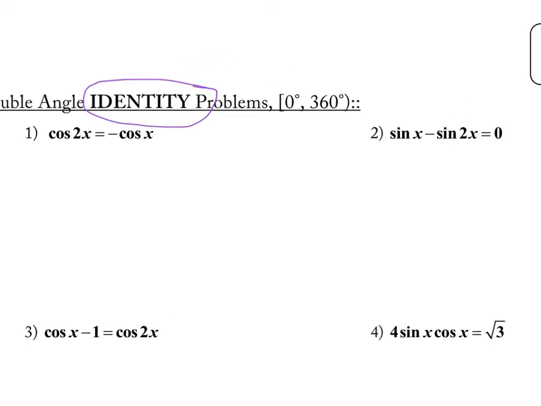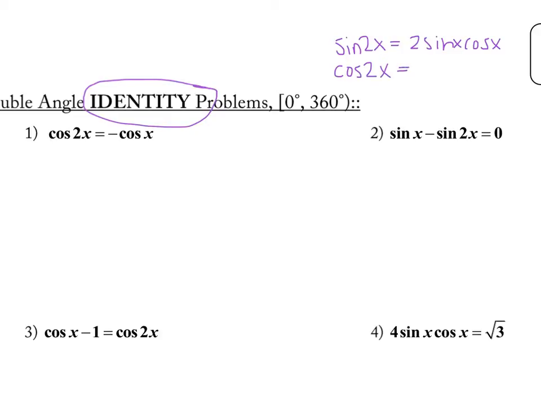Okay. So just as a reminder, sine of 2x equals 2 sine x cosine x. Okay. And then remember that the cosine double angle has multiple versions.